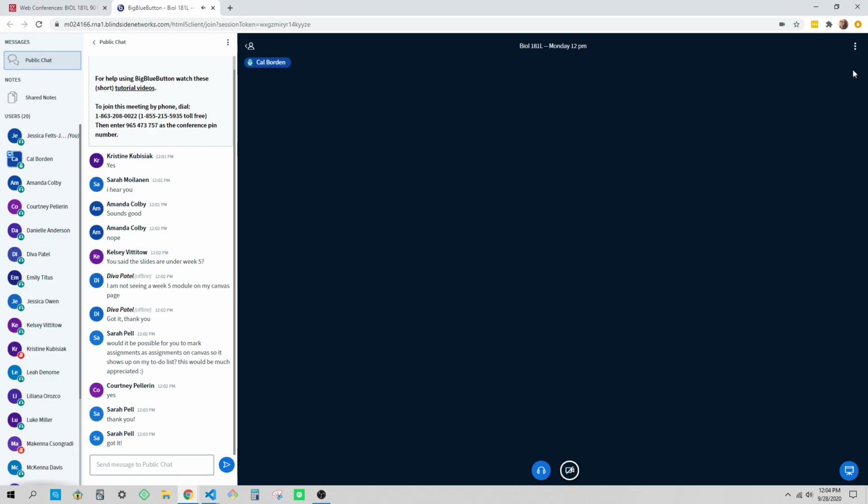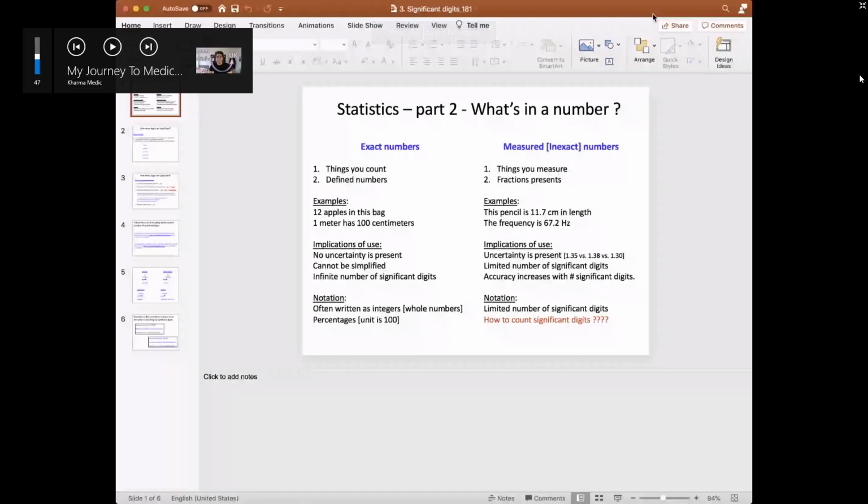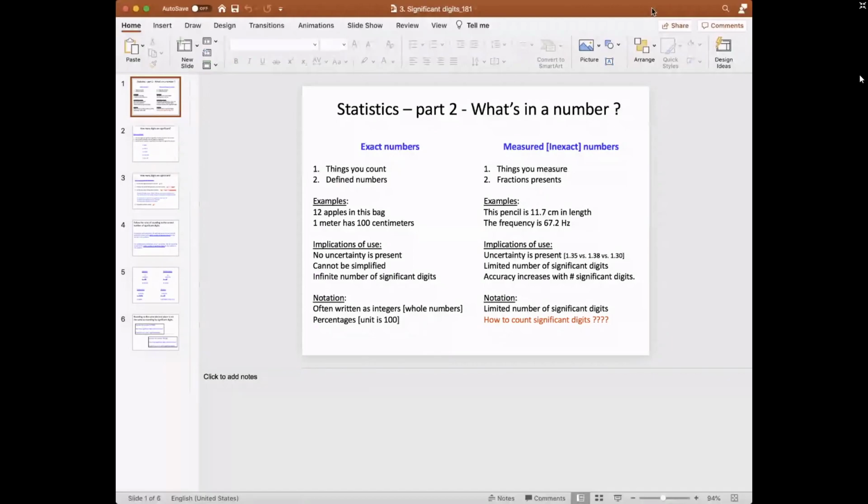So let's see if we can share a screen this morning. Significant digits, there we go. Let me just double check. Can you see the screen? Just need someone to chime in and tell me if you can see that. Perfect, thank you. Now I'm going to go full screen, so I will not see the chat box, but again, please write your questions down or put them in the chat box or chime in vocally.